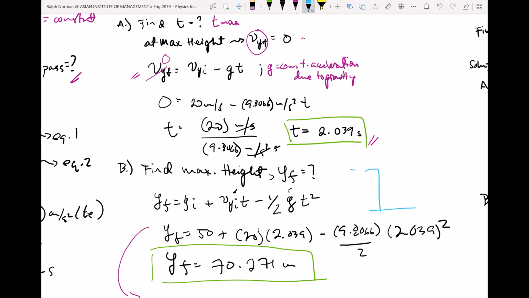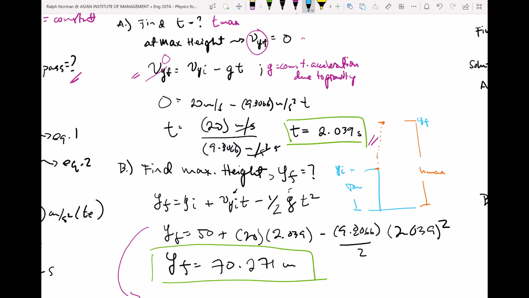This is the ground, this is the 50 meters, and you're trying to find the max height, or H max, so to speak. So you started here, technically at the 50-meter mark, that will be your Y initial, and you're trying to find this one.